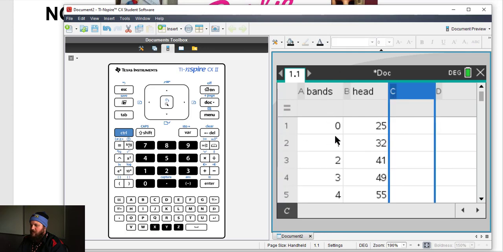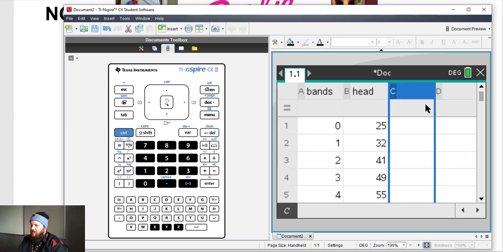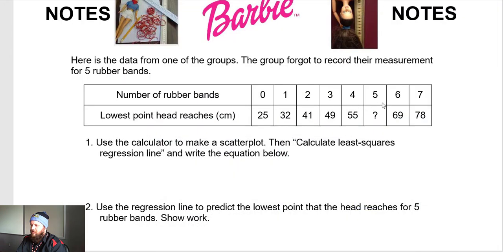I went to spreadsheet in my home screen, and then for the head, this is the lowest point of the head, I put those values there. I left 5 blank because if you look right here, there is nothing there for that one, okay? So we got nothing there for number 5.